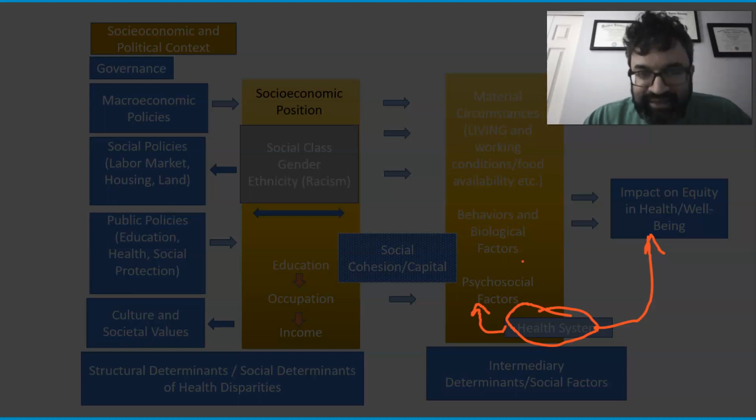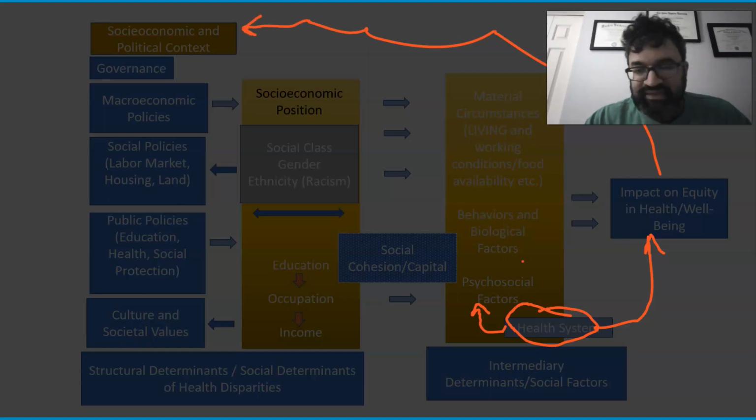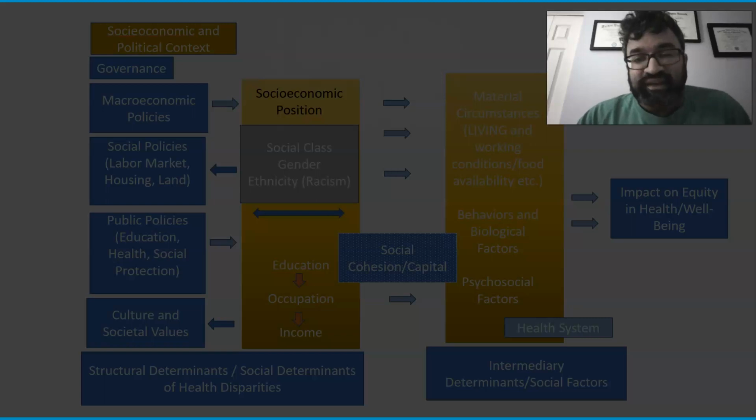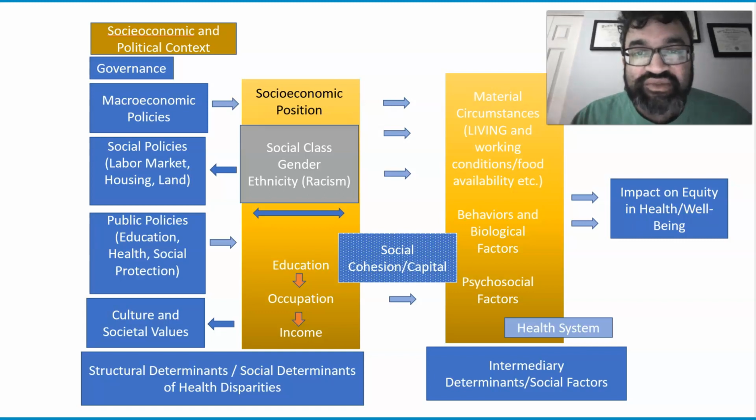And that in turn improves some of the socioeconomic and political contexts. So this is all interrelated, and having a good impact on equity in health and well-being circles back. That's the ending point of all of this, really, that we can circle back and improve overall health by addressing social determinants of health.